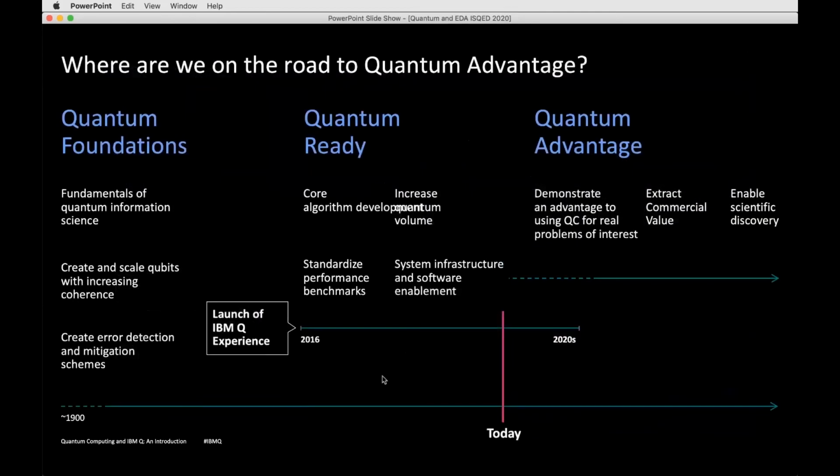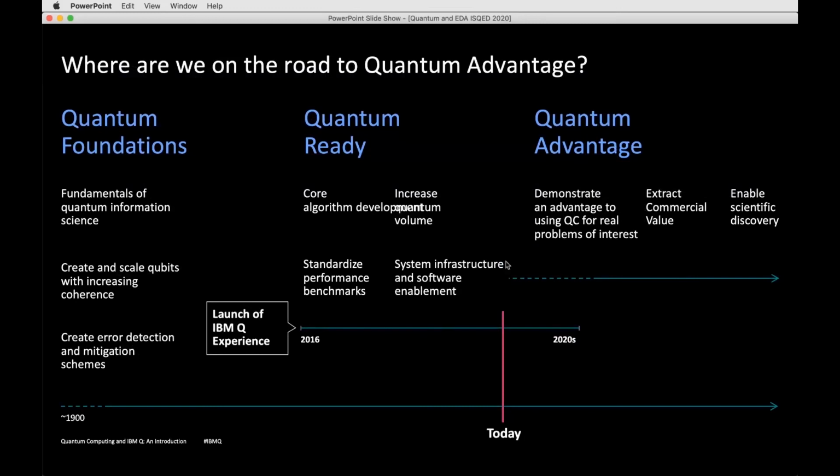So where are we today? A lot of foundational work has been done in quantum computing, but we believe we are at the brink of a space where for a certain number of algorithms, quantum computers are going to demonstrate a key advantage, for problems that are of real commercial interest and enable real new scientific discovery.